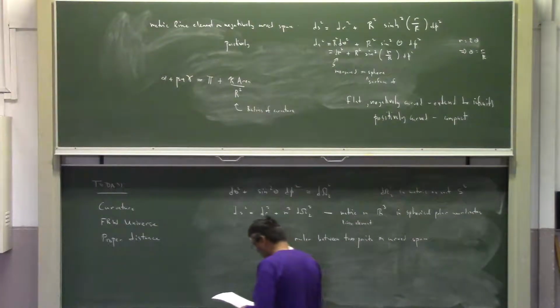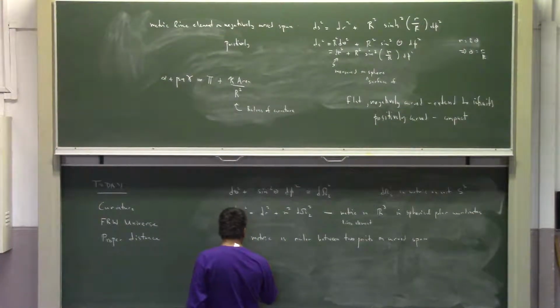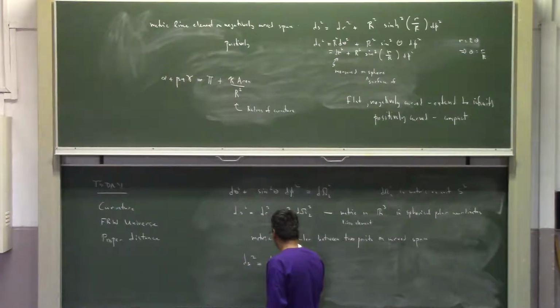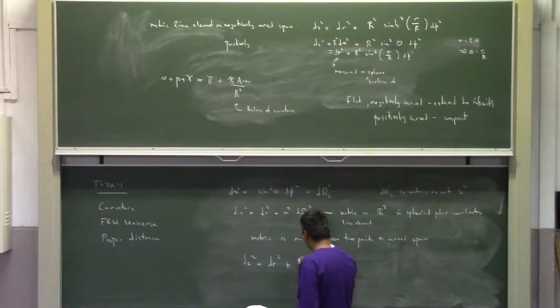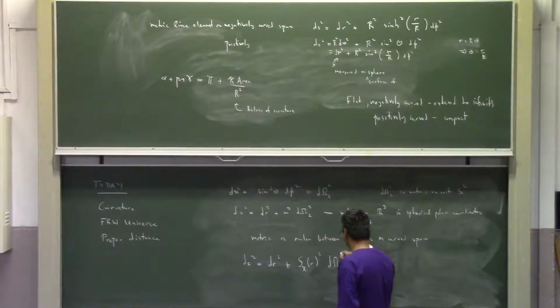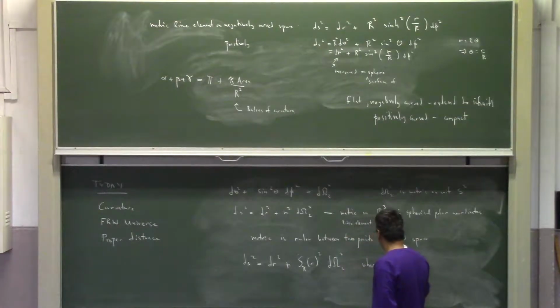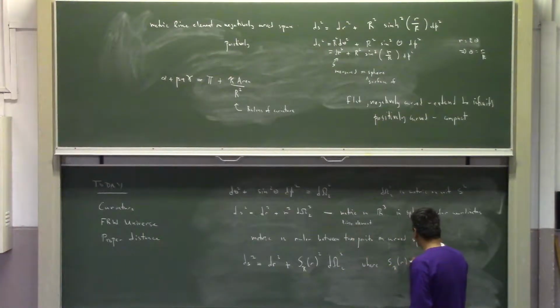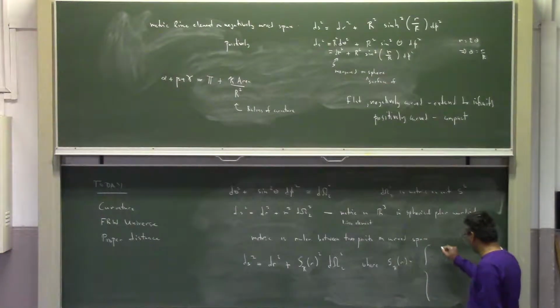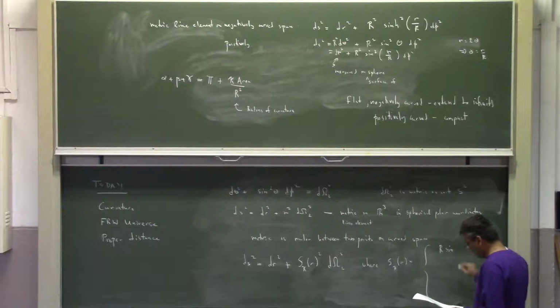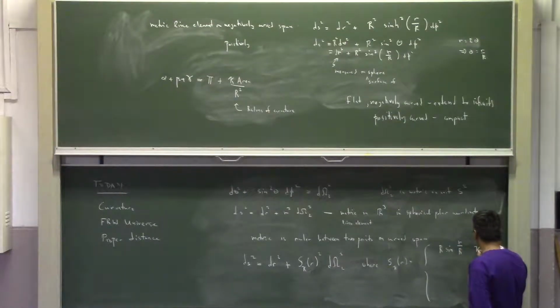So you can write the metric on all our three spaces as dr² + S_κ(r)² dΩ₂², where S_κ(r) is going to be R sin(r/R) for κ = +1. It's going to be r for κ = 0, and R sinh(r/R) for κ = -1.